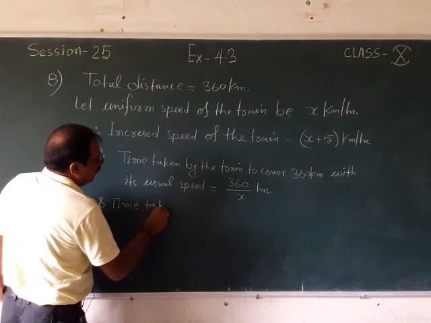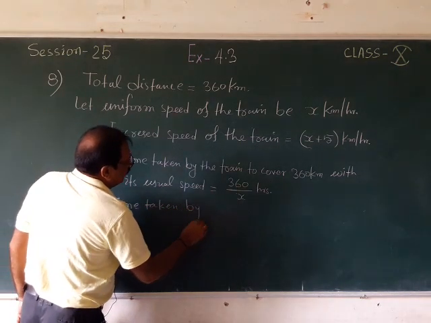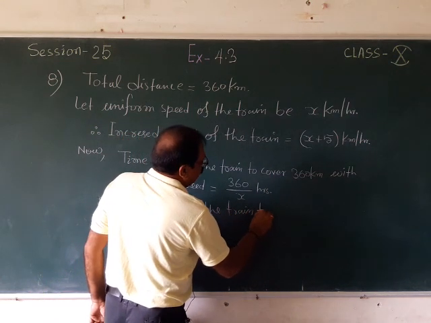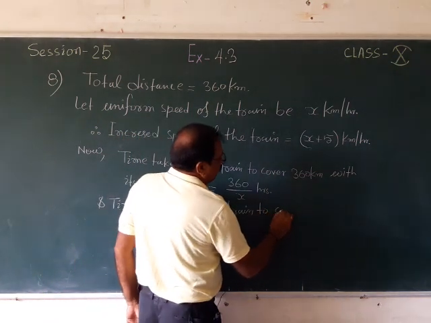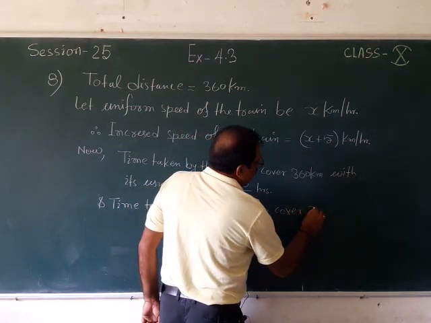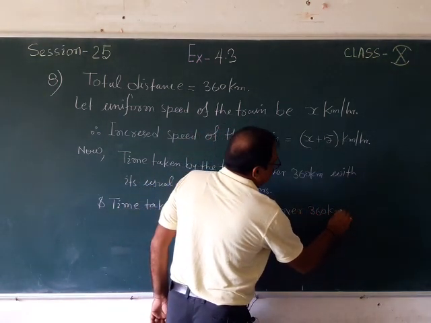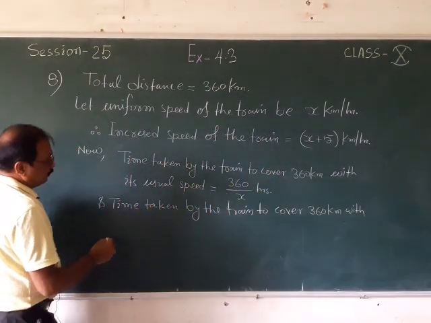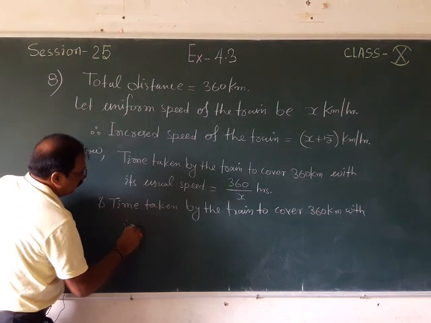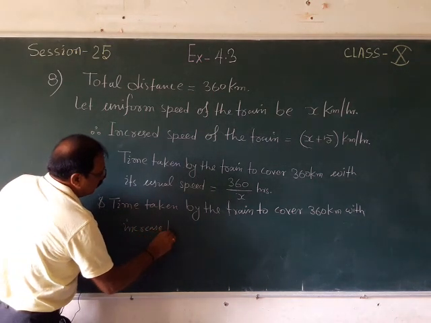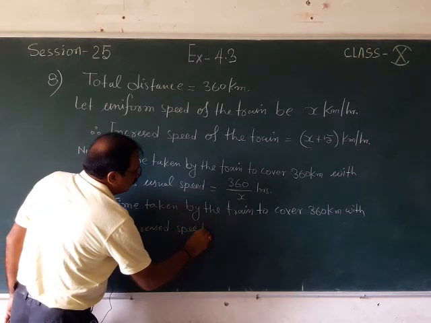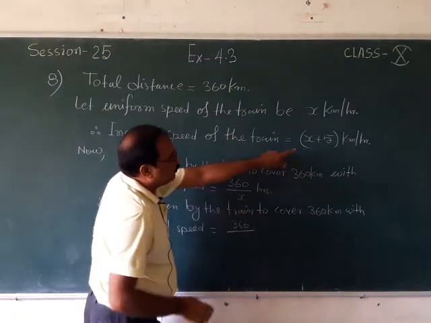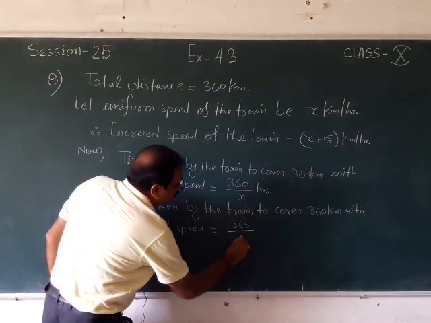And time taken by the train to cover 360 km with increased speed will be, distance is the same and your new speed of the train is x plus 5 km per hour.